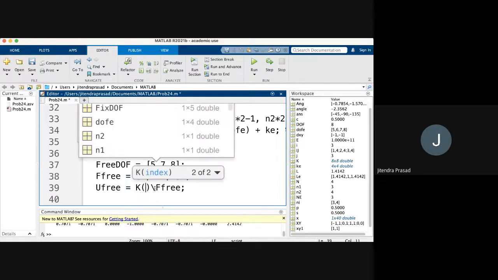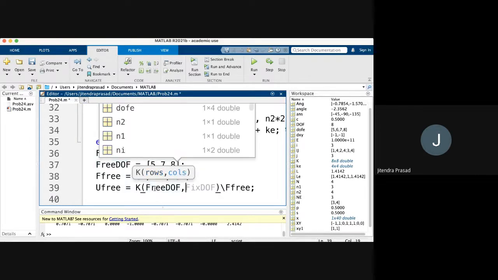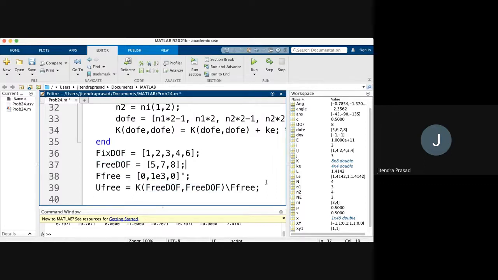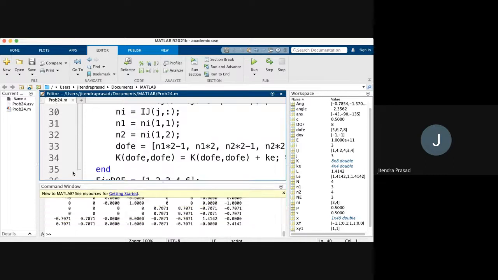So k free degrees of freedom, and do it like this. So this means u equals k inverse f. This is the meaning of k inverse f. And you will get the answer, u free. So let's do it.